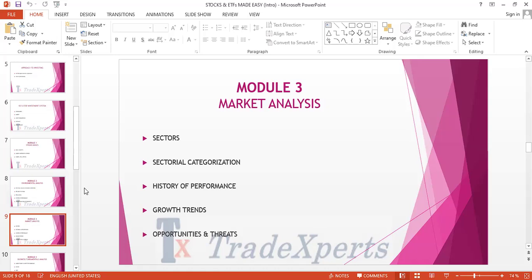EMADE: environment, markets, assets, discounts, and entry trigger. So if you can remember that EMADE, that is what you're looking at. So we've looked at environmental analysis, we are looking at market analysis, and then next we'll go to the asset fundamentals.